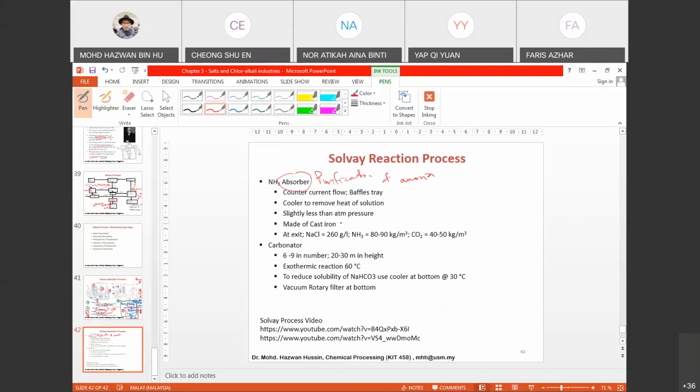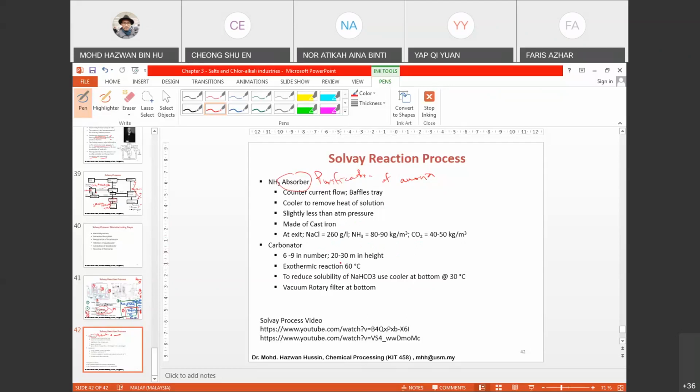This will give a counter current flow. It cools the products to remove heat from the solution, and also slightly lower pressure. Made from cast iron, and at the exit you will have a certain concentration or amount of sodium chloride, ammonia, and also carbon dioxide.